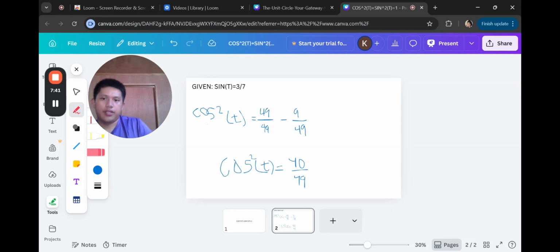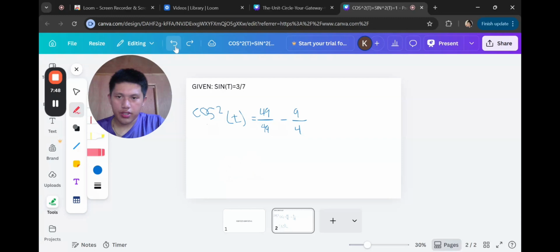This is how you solve for the cos squared t. You need to subtract. So let's proceed to finding cos t.